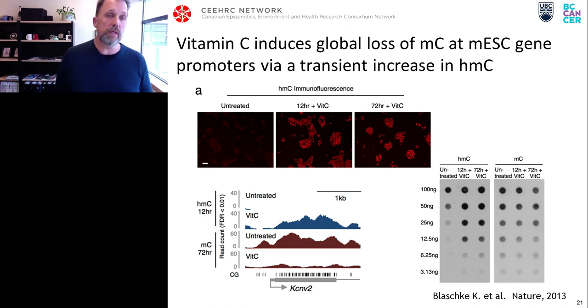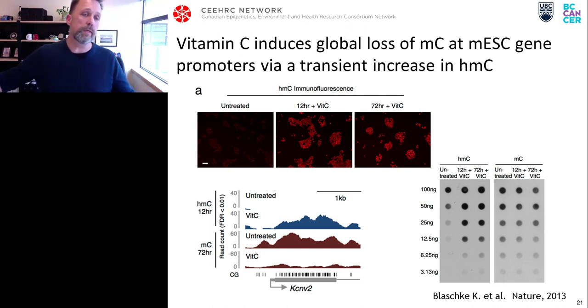After 12 hours of treatment, you can see a gain in hydroxymethylation indicated in the signal. On the lower panel is a quantification of this change genome-wide, and now we're looking at a particular gene.